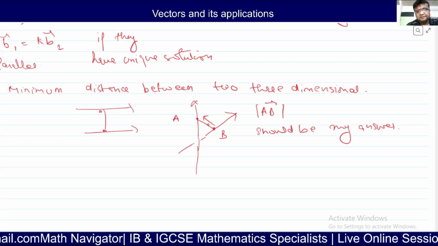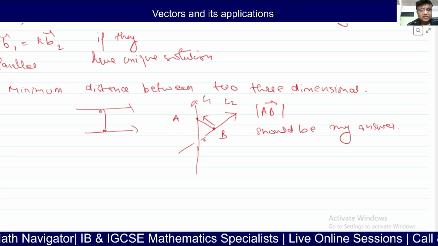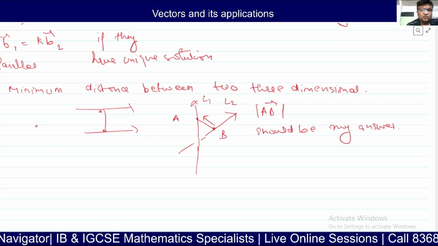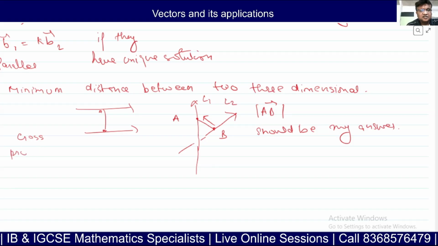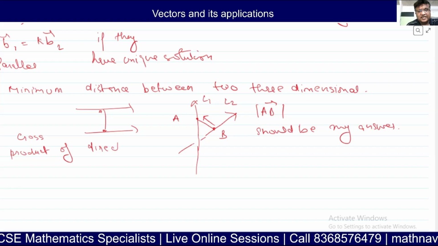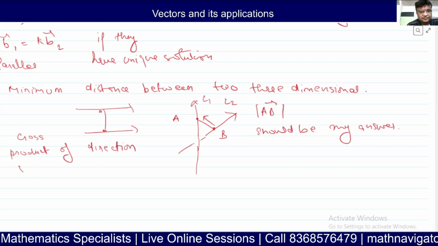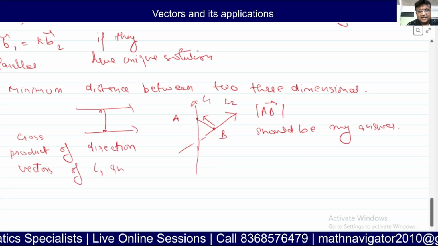Let's say this is line L1, this is line L2. This direction vector can be found by the cross product of the direction vectors of L1 and L2.